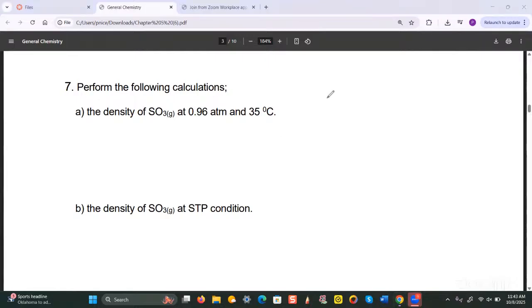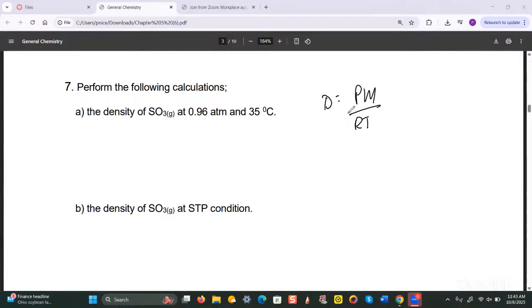So D is equal to what? Is it PM over RT? Exactly, PM over RT. And just to remind you of what these terms mean, P is the pressure, uppercase M is the molar mass, T is the temperature in Kelvin, and R, of course, is the molar gas constant.